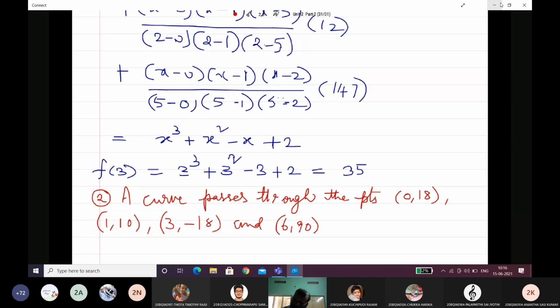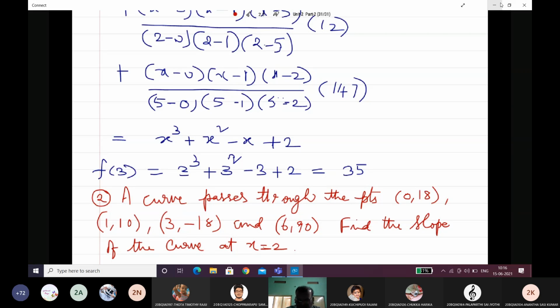Find the slope of the curve at x is equal to 2.